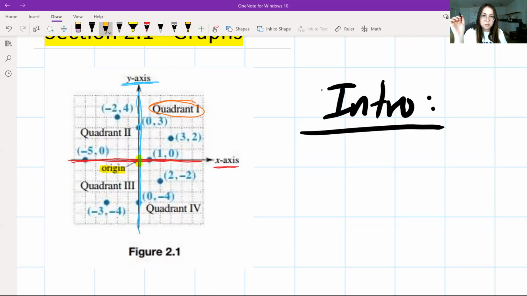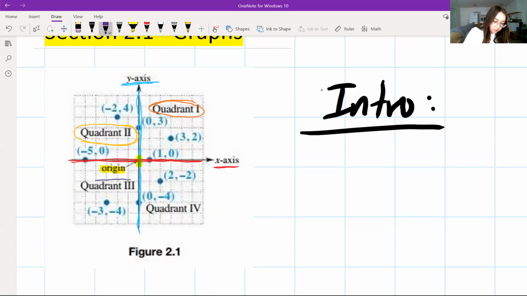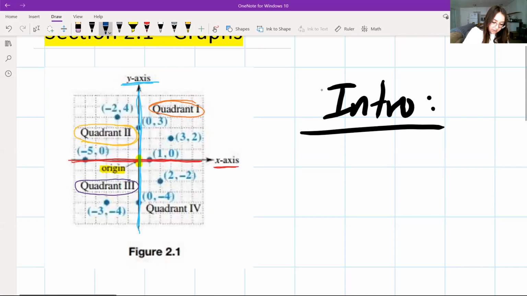So we have quadrant 1 in the top right-hand corner. Then in our top left, we have quadrant 2. Below that, we have quadrant 3, the bottom left. And then we have the bottom right, which is quadrant 4.